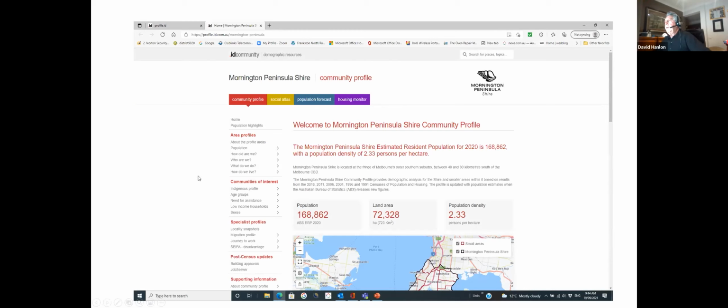But you can see there when you're coming down on the Mornington one there's population, how old they are, the breakdown of the population by age, what they do, where they live, community interest groups, and there's a whole heap of information there that you can have a look at.